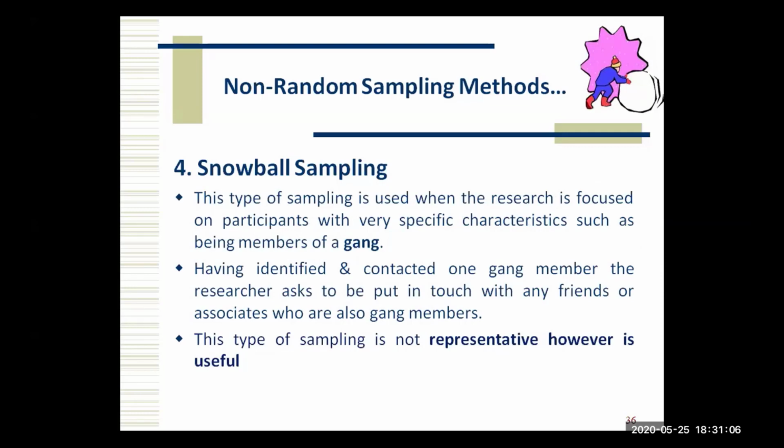Snowballing sampling is the case in which researchers select the required sampling units by conducting snowballing. That means first you identify the first individual, contact and convince that individual, and then that individual invites other members. Otherwise, it is not possible to collect this kind of data.